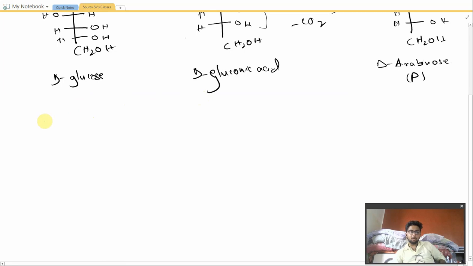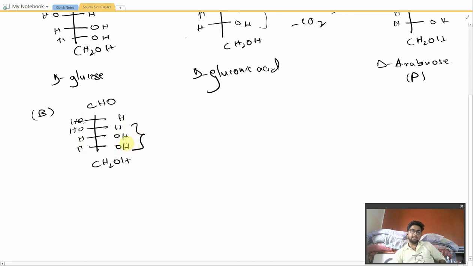In option B, I have checked all of them, so you can look at option B. The configuration is CH2OH, H H OH OH, and here H H OH OH. In these three carbons the configuration is the same as that of glucose. So if this undergoes the reaction, firstly with Br2, H2O and then with H2O2, the same D-arabinose P would be formed.